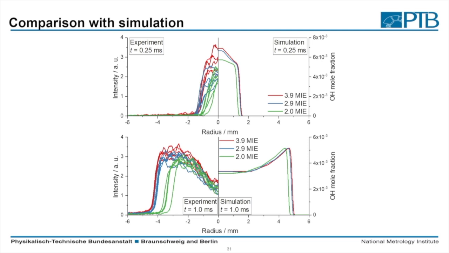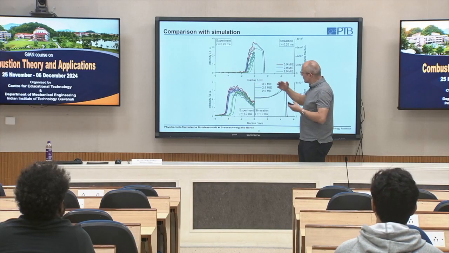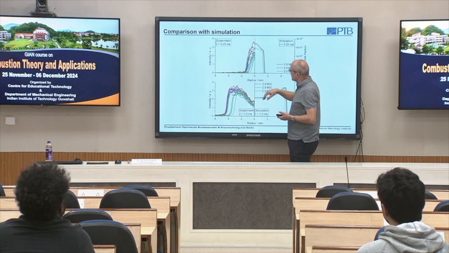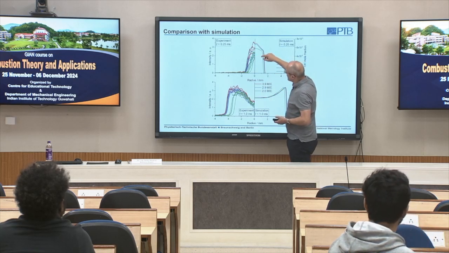Of course we have a high fluctuation here in the experiment. You see here we have 4 different experiments for one energy configuration. You see a lot of fluctuations here, but in principle we see the same.